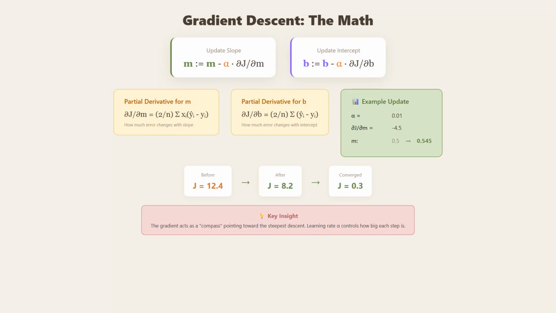Before, m was 0.5. After the update, it's 0.545. We repeat this process thousands of times, and with each iteration, our cost, J, decreases. The gradient acts as a compass, always pointing us toward the direction that reduces error most quickly.